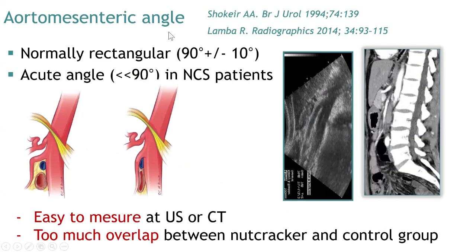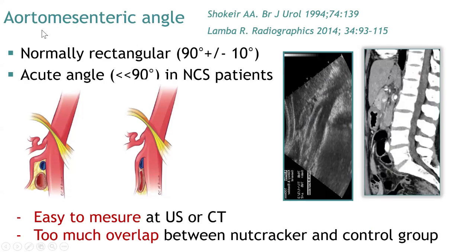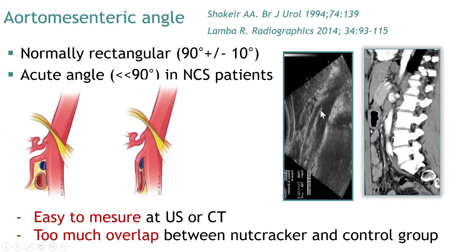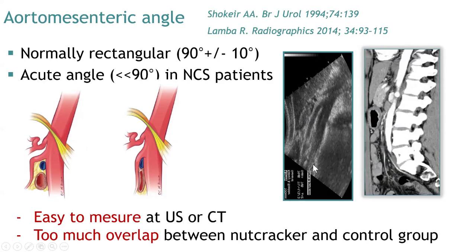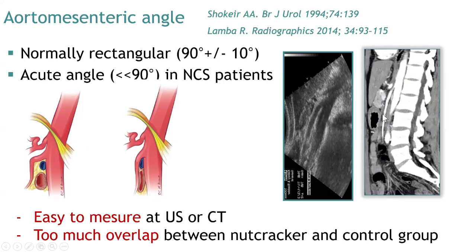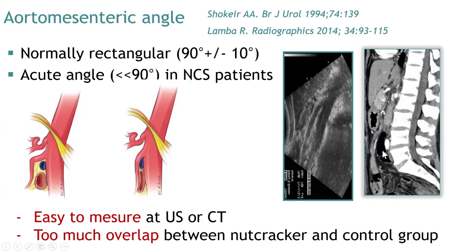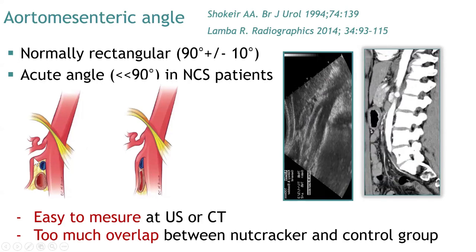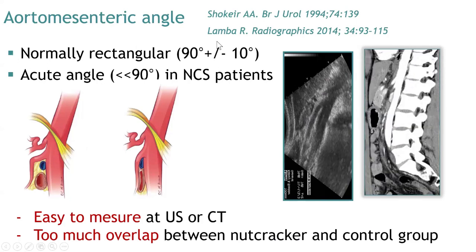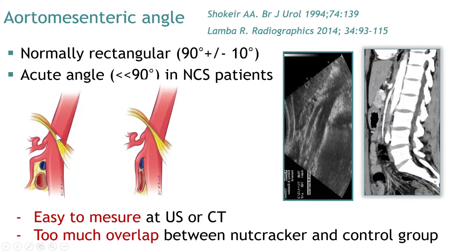Another point we tried to use was the aortomesenteric angle. In the sagittal ultrasound, we can easily measure this angle, and also in sagittal plane CT scan, we can measure this angle easily. Normally, its angle is about rectangular, about 90 degrees.